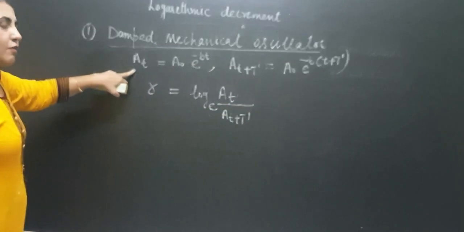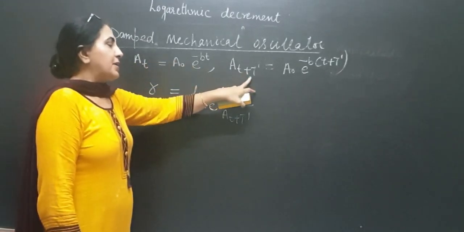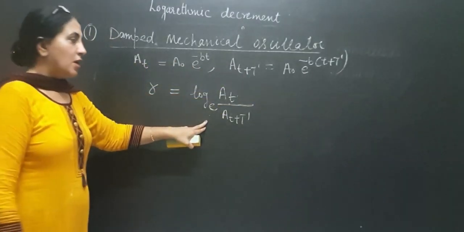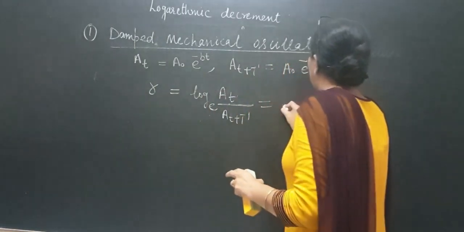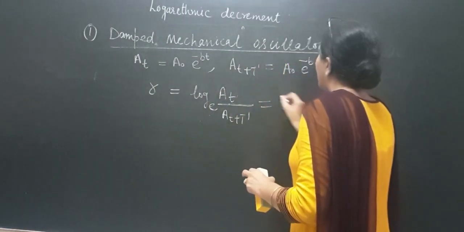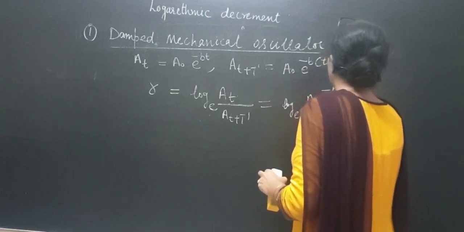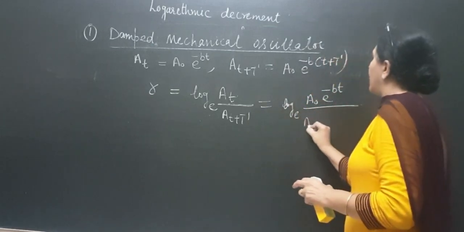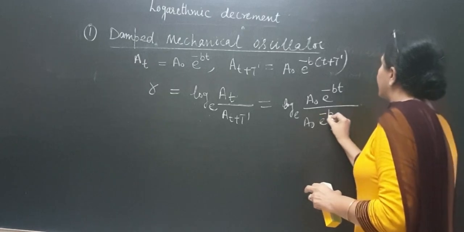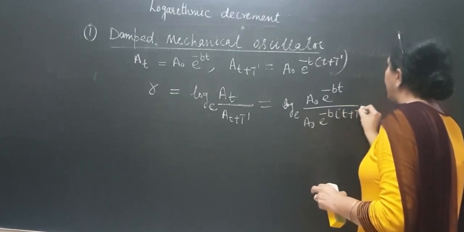Put the values of A t and A t plus T dash in this equation. Delta is equal to log base e of A naught e raised to power minus bt divided by A naught e raised to power minus b t plus T dash.